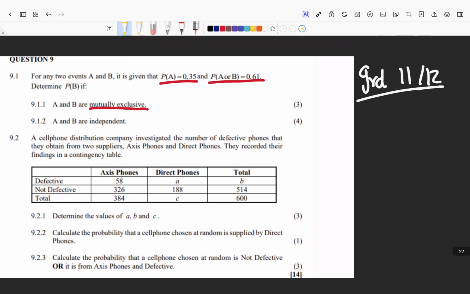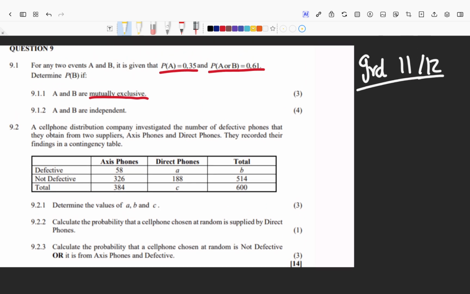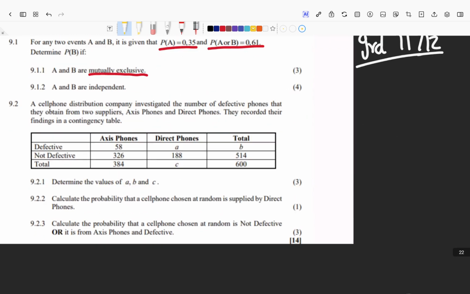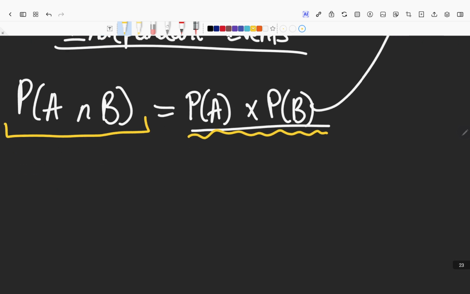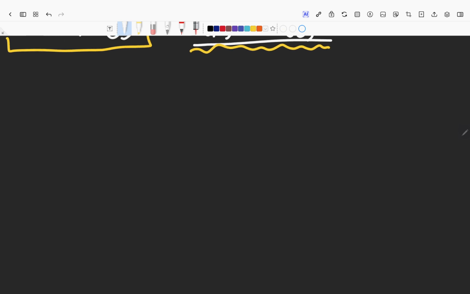Okay, so let's go back to the question. We are asked to determine the probability of B if A and B are mutually exclusive. Firstly, I love writing the main, or the mother equation, for 9.1.